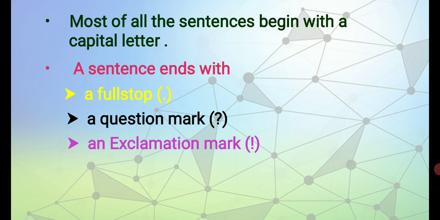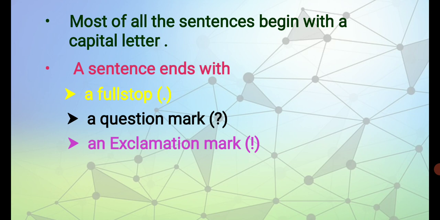So these are the three signs we use at the end of the sentence. When it is a simple sentence, at that time we put a full stop. When we are asking something to someone, at that time we put a question mark at the end of the sentence. And when we have strong feelings about happiness, sadness, etc., at that time we use an exclamation mark after interjections or at the end of the sentence.